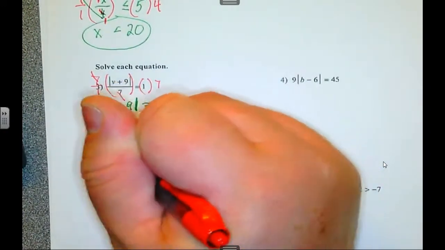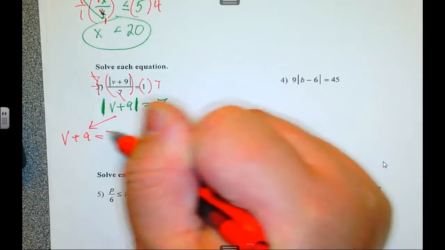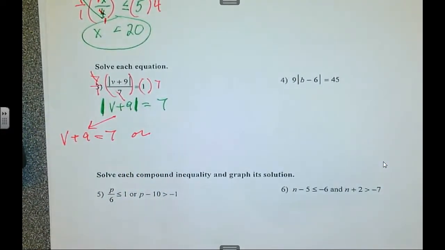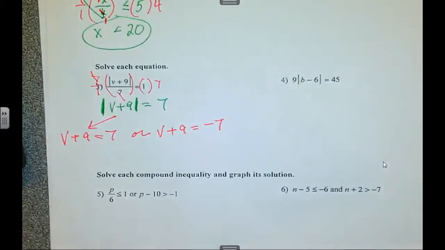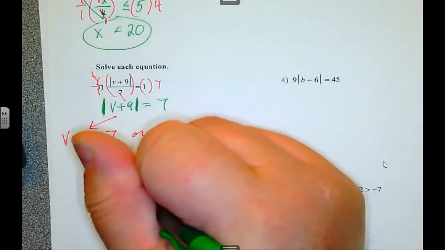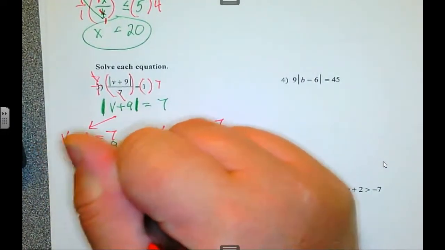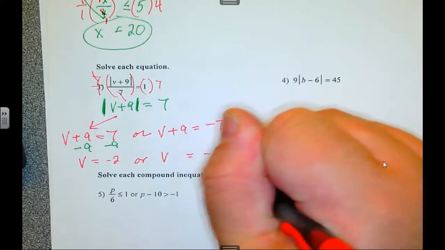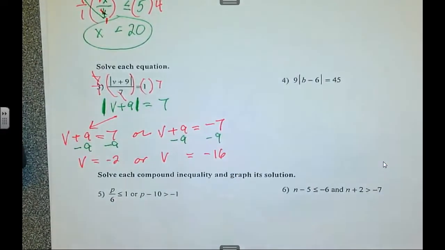V plus 9 equals 7. It doesn't matter whether you use and or or because we have an equal sign. V plus 9 equals negative 7. Subtract 9 from both sides. V can equal negative 2, or V can equal negative 16 after I subtract 9 from each side.